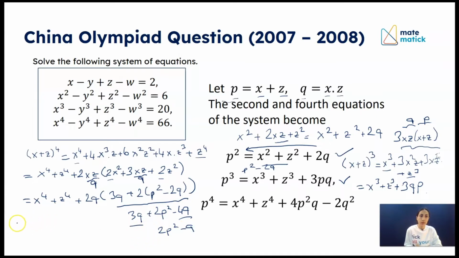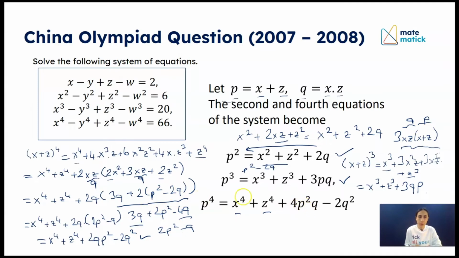Now what we have here is x to the power of 4 plus z to the power of 4 plus 2q times 2p squared minus q. So at the end this is equal to x to the power of 4 plus z to the power of 4 plus 2qp squared minus 2q squared.